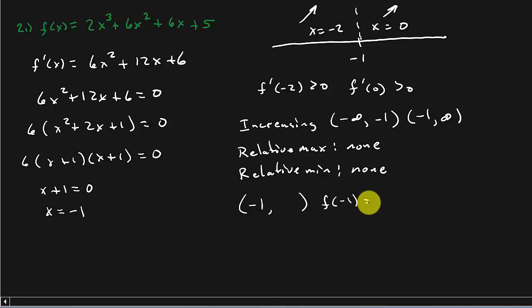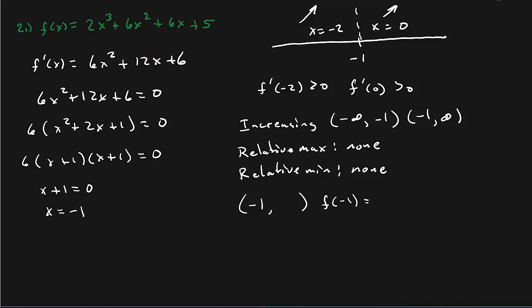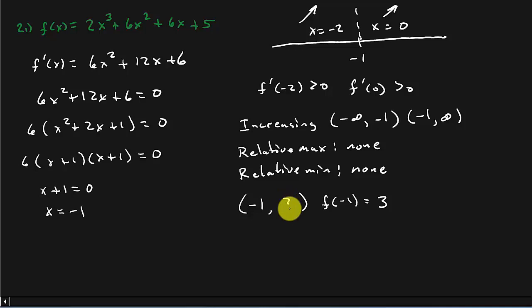So f of -1 is equal to, so we're going to take the -1, plug it back into the original function. And I get 3 as an answer. Okay, I paused and punched it into my calculator. I don't have the answers to these problems here.